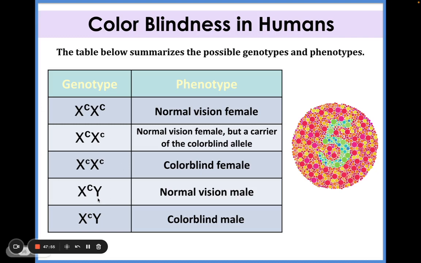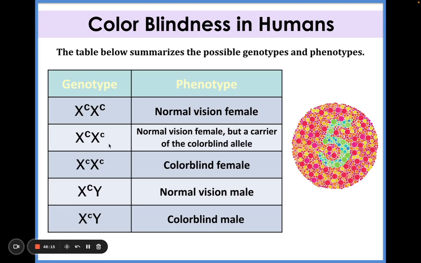Now that really just depends on what the male is too, right? If you're a normal vision male, this is what your genotype looks like, okay? If you are a colorblind male, look at yours here. If you are colorblind, you only need one allele, okay? That one X, that's all you need, okay?